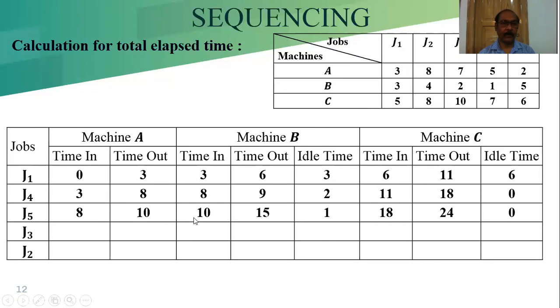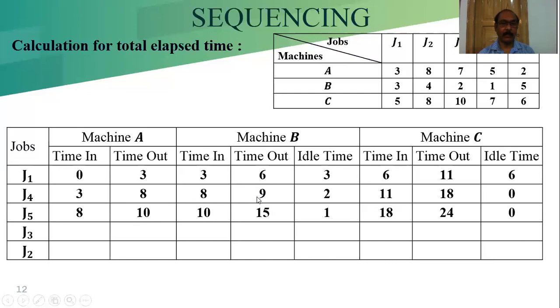So job 5 starts in machine B, that is, the time in for machine B is the 10th hour. But job 4 completed in machine B in the 9th hour. So machine B is again idle 1 hour, 10 minus 9. Job 4 completed in machine B in the 9th hour, and job 5's start time is the 10th hour.